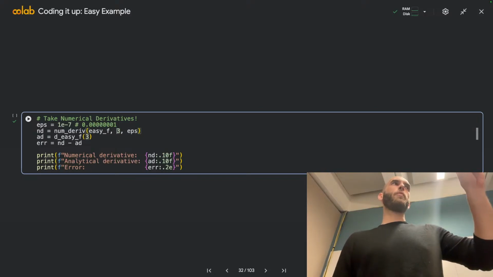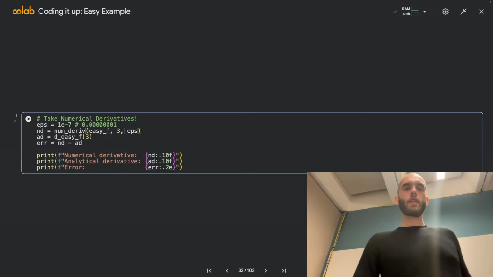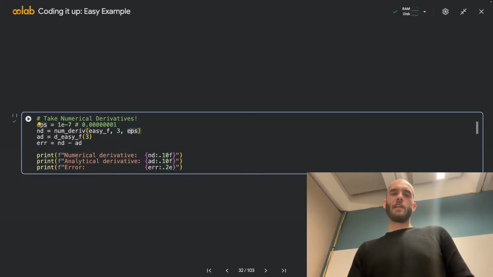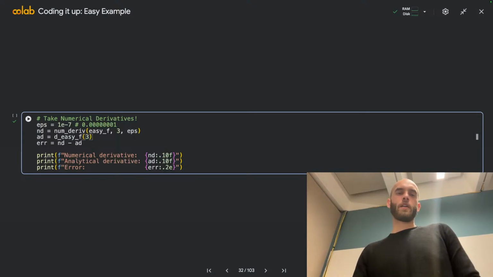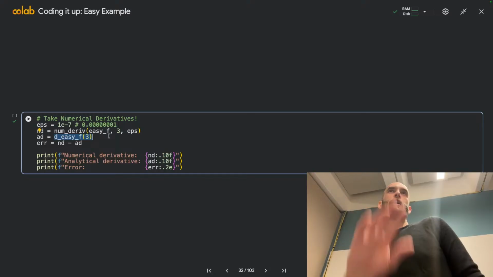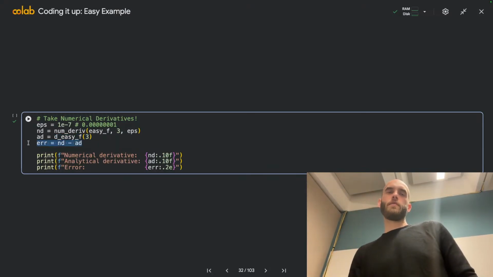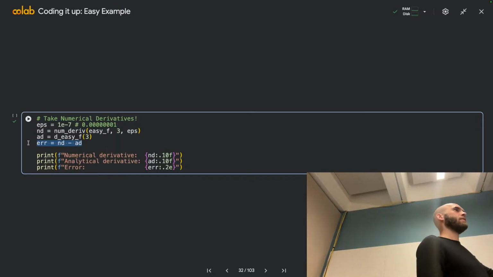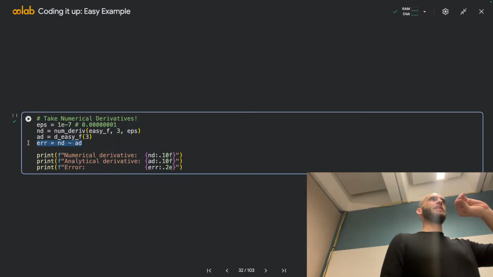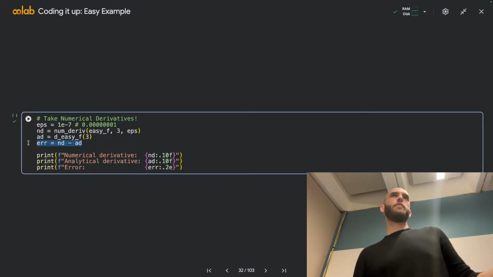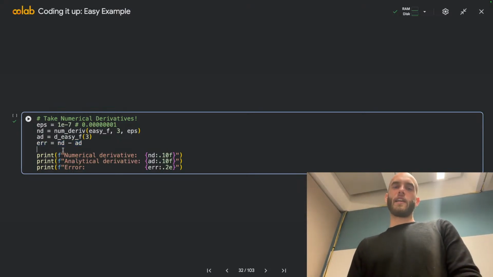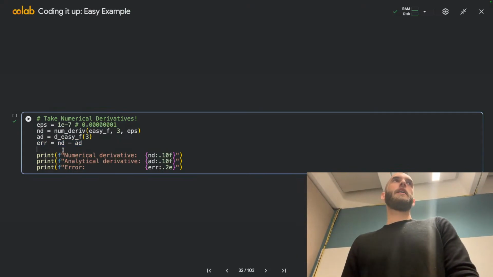So we want the slope at x equals 3. And then we're going to tell it the increment. So how precise do we need it to be? We're also going to evaluate the analytical derivative at 3, and then we're going to compare these two values. And then the last thing I'll do is show you the error, the mismatch between the analytical derivative and the numerical derivative that we calculated. What do you all expect?